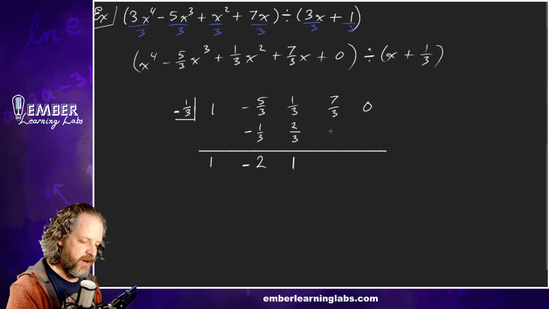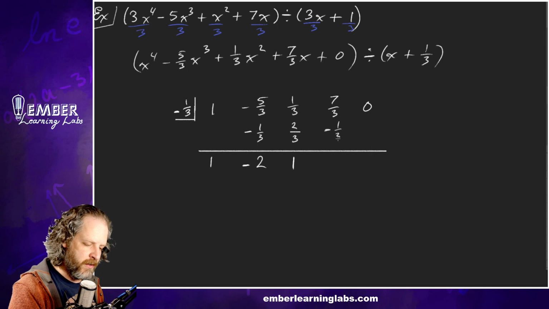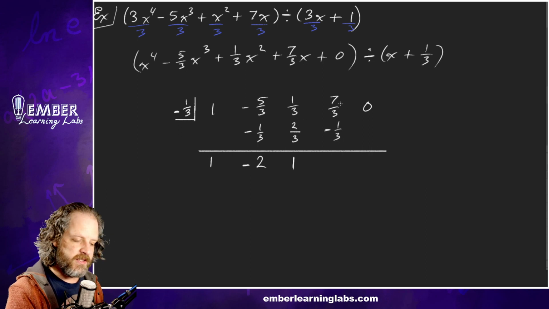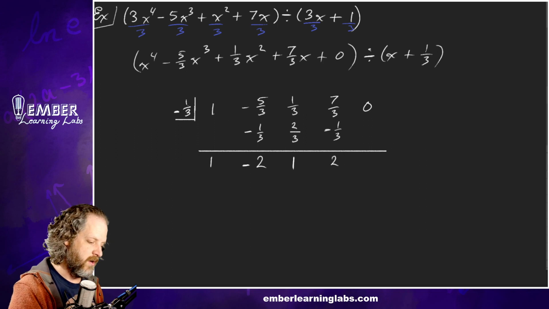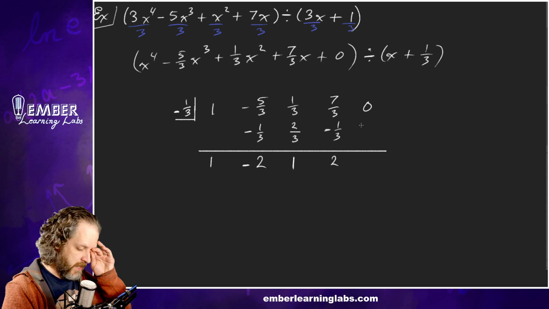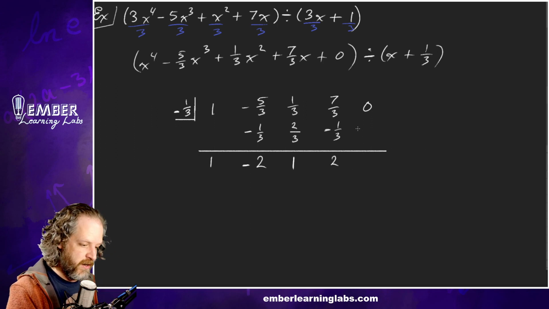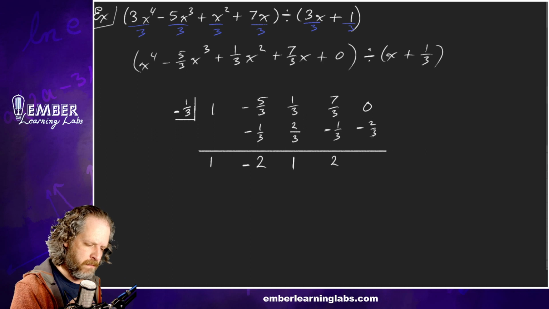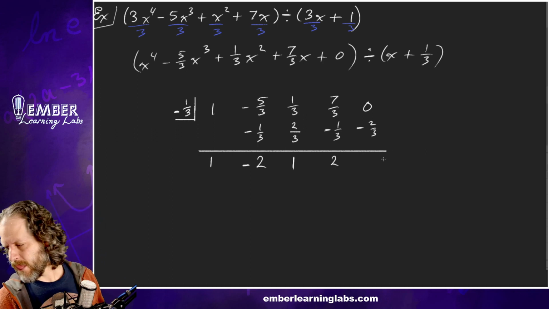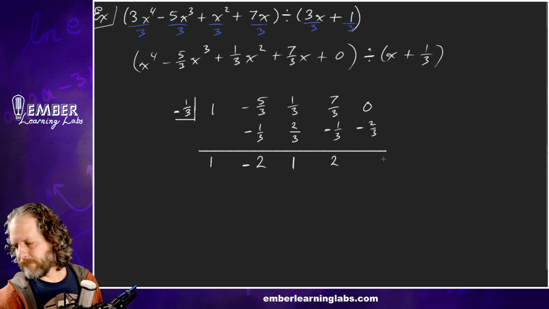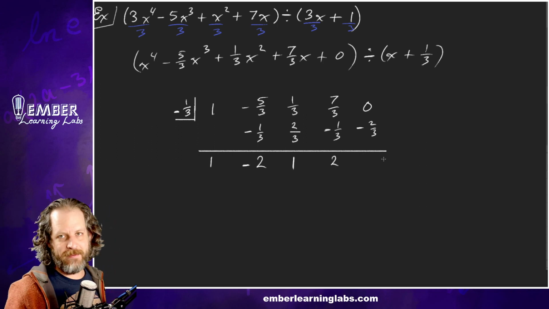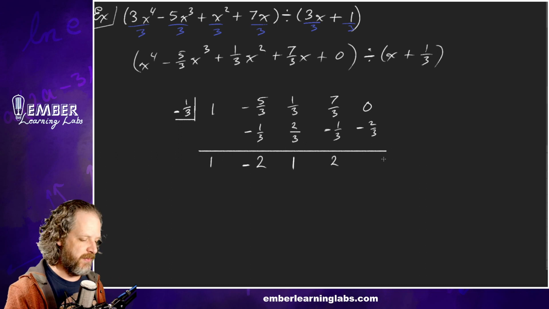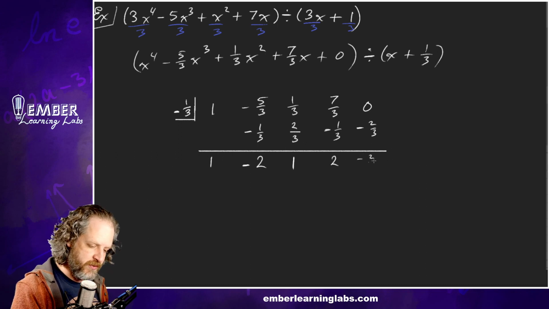Negative 1/3 times 1 is negative 1/3. 7/3 plus negative 1/3 is 6/3, which is 2. Negative 1/3 times 2 is negative 2/3. Sorry, I was making sure I did a sanity check, because that's going to come out to a fun ending to this problem. 0 plus negative 2/3 is negative 2/3.